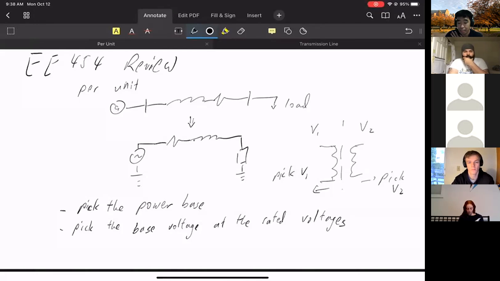It means you refer Z2 to the primary and add it to whatever the primary winding has, and together we have a series impedance of this. Oh, so it's already added up. Yes, the question says it has a series impedance referred to the primary, meaning everything has been referred to the primary. Oh, okay. Thank you.